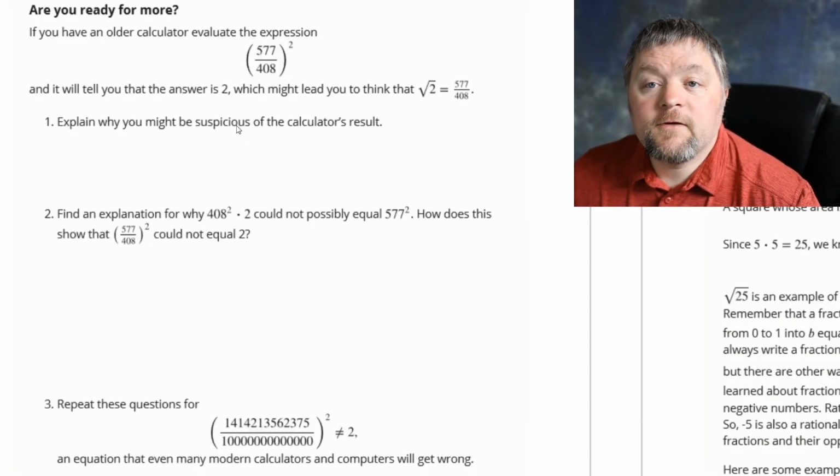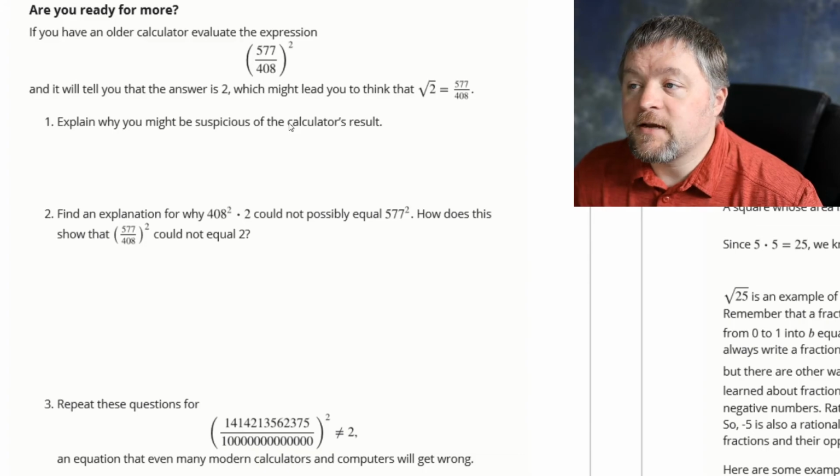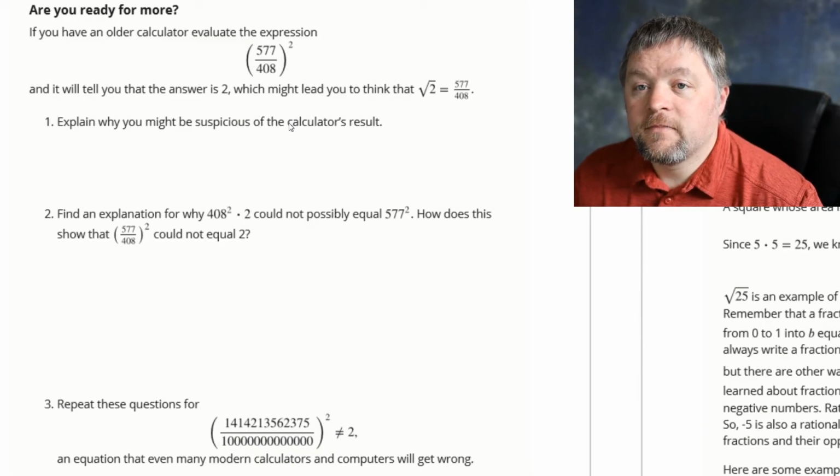The "Are you ready for more?" questions on today's assignment, I'm not going to walk you through step by step, but these are something I would like you to try on your calculator.